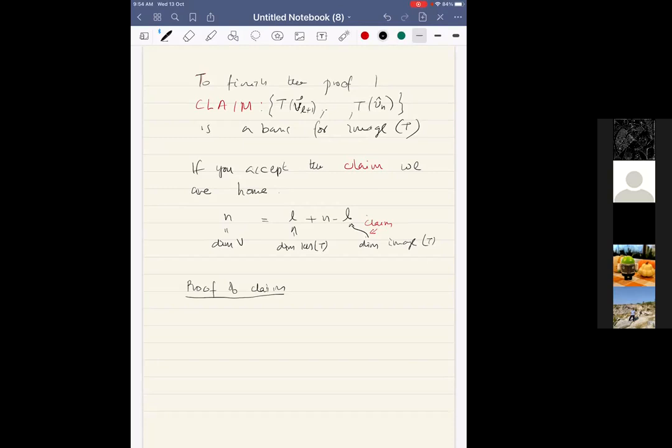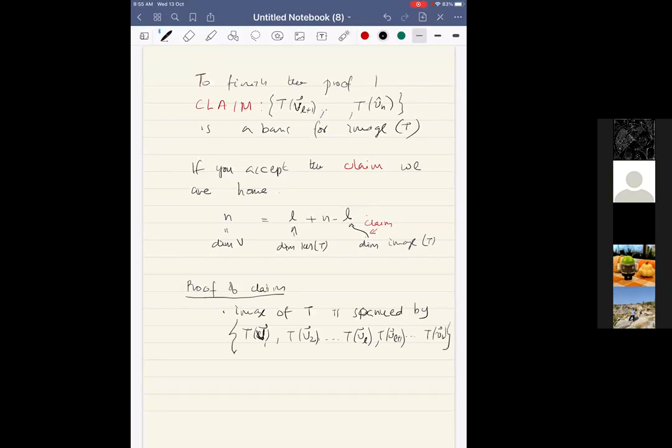Well, this is now easy because we already know that the image of T is spanned by T U1, T V1, T V2, T VL, T VL plus 1, T VN.